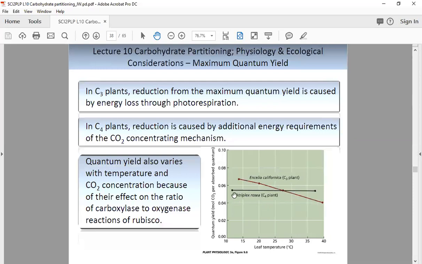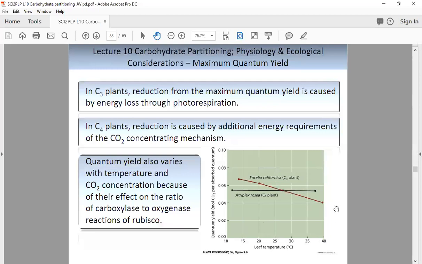Now, C4 plants are affected differently because they have that carbon dioxide concentrating mechanism in the bundle sheath cells. So they don't have such a problem with photorespiration. In other words, quantum yield in a C4 plant is not temperature dependent, and that's seen here as the quantum yield is maintained at the same level regardless of increasing temperatures.